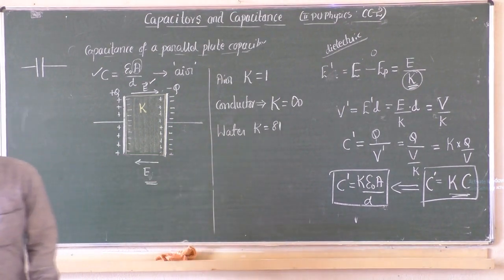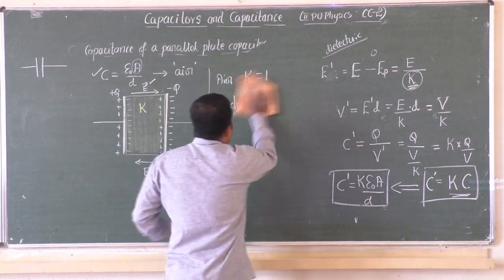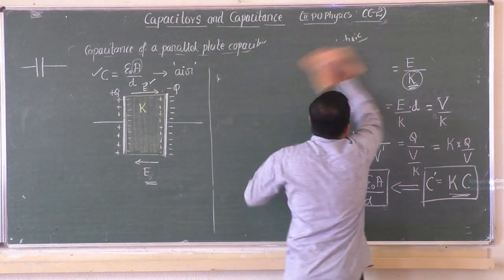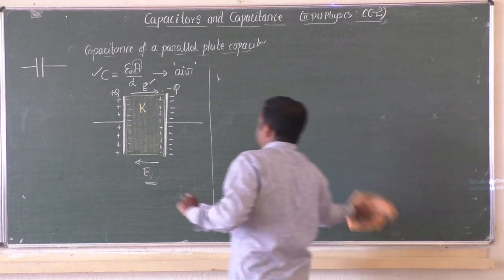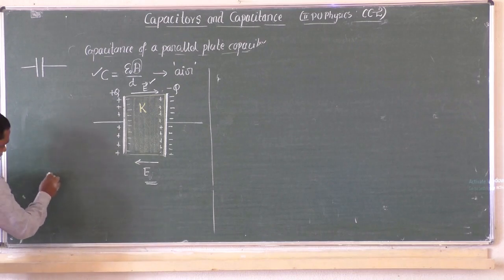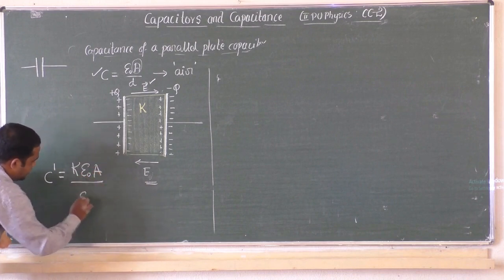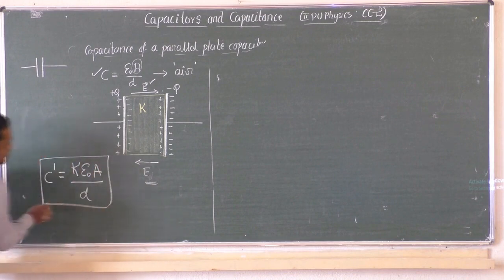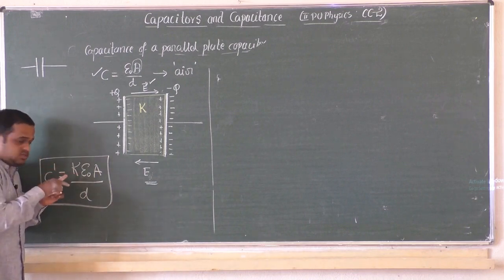Okay, so in the presence of a dielectric medium between the plates of a capacitor, the capacitance of a parallel plate capacitor is given by, when a dielectric medium is introduced between the plates of a parallel plate capacitor, its capacitance is given by K epsilon naught A divided by D, where K is called the dielectric constant.